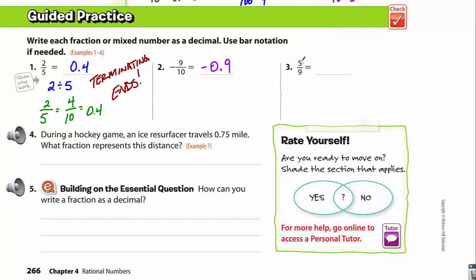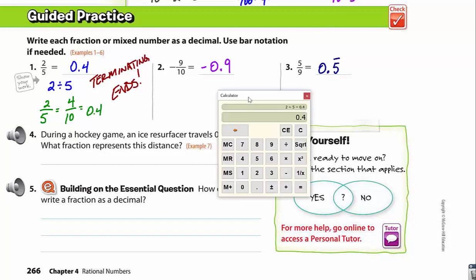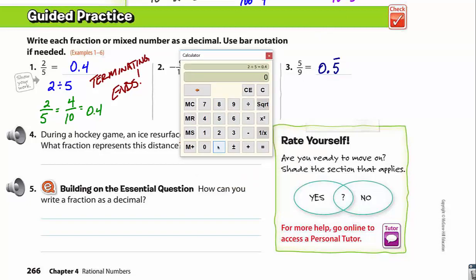Finally, 5/9. Well, again, less than 1 whole, so I can put a decimal. Mathematicians always put a 0 out front. If you don't have that 0, it's not wrong, but it really helps highlight the fact that there's a decimal going on here. So put that 0 and decimal point, and then 5/9. You remember anytime you had those ninths, let's get the calculator out to prove that, it just kept going.